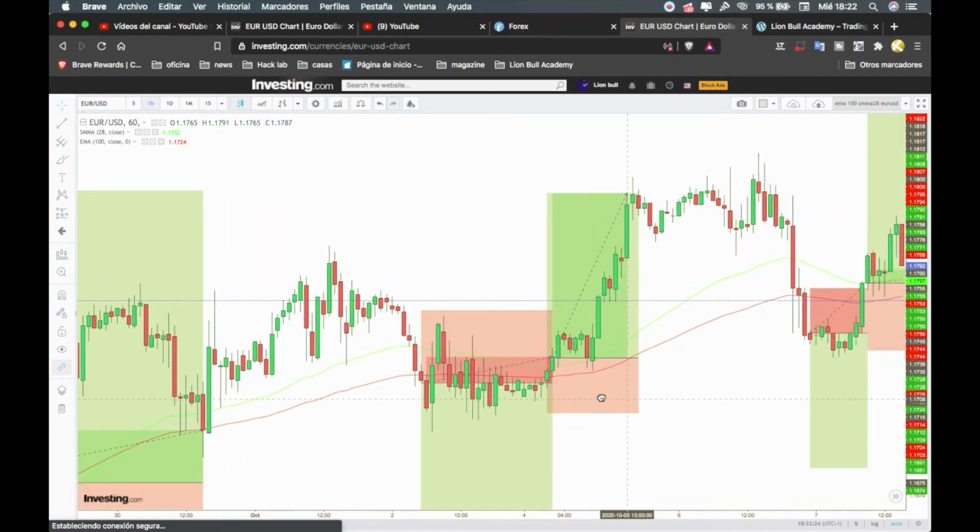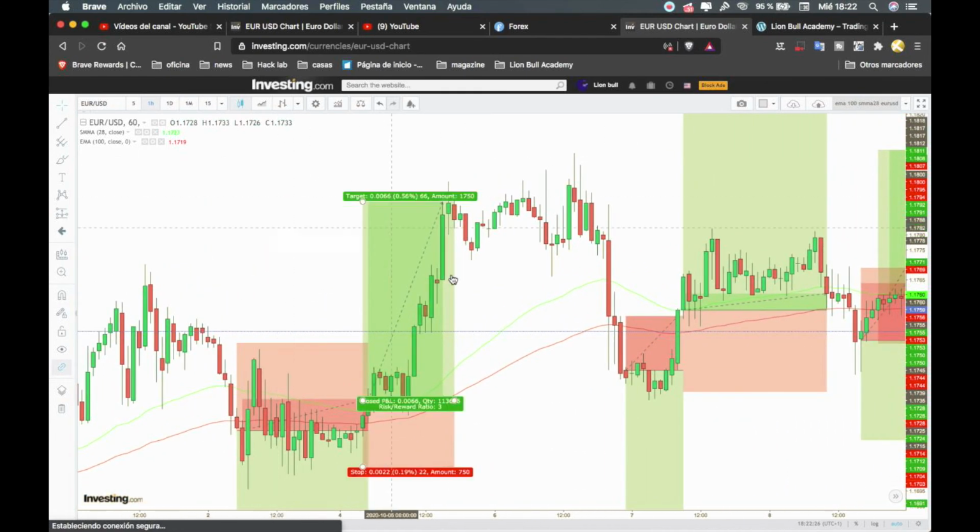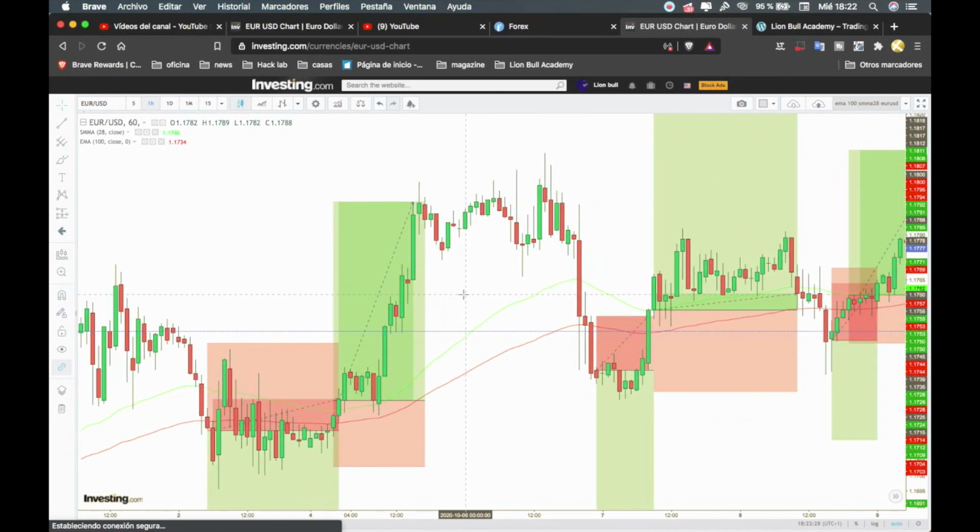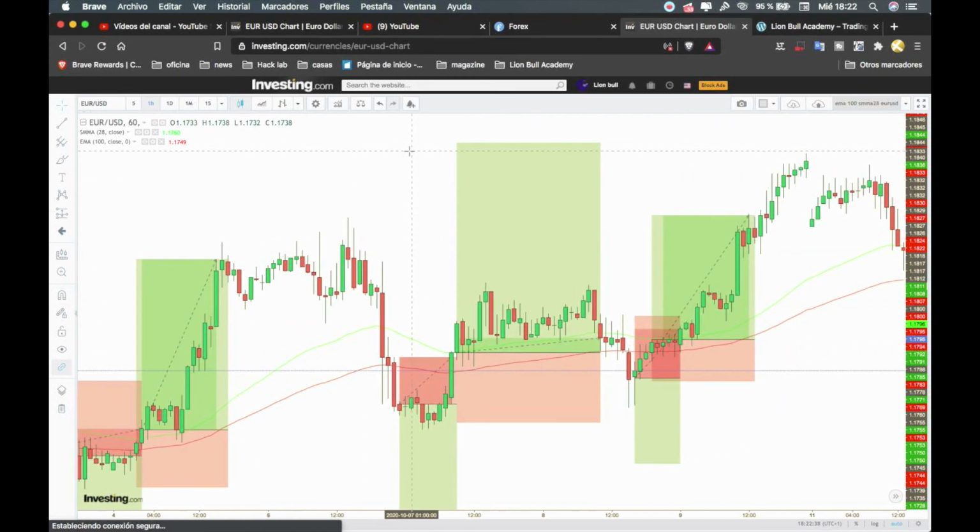So I think you can see in these operations that the strategy is not so simple to follow, just because you need to know very well where to put your stop loss and how to see a lateral market. But by practicing you will get very good results, because this strategy is a 1-3 risk reward. This means 1 risk, 3 win.